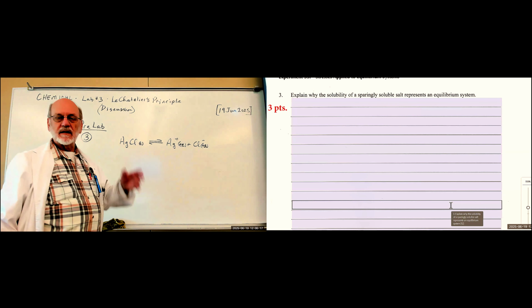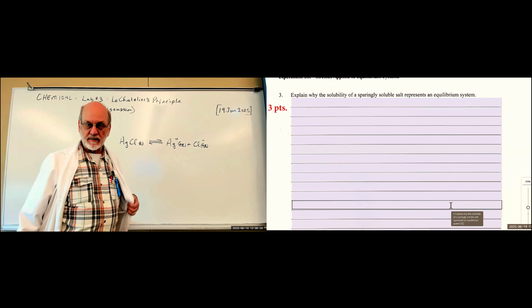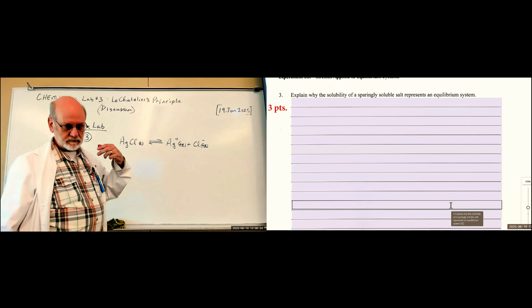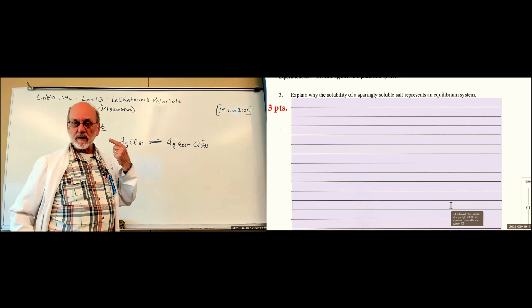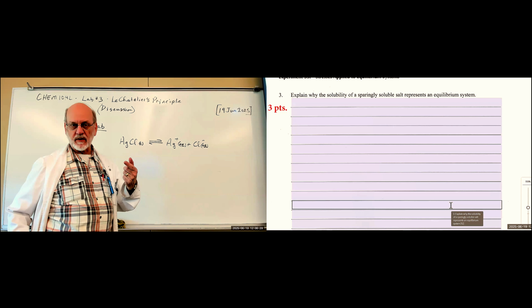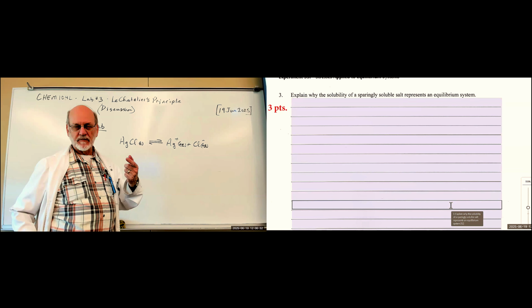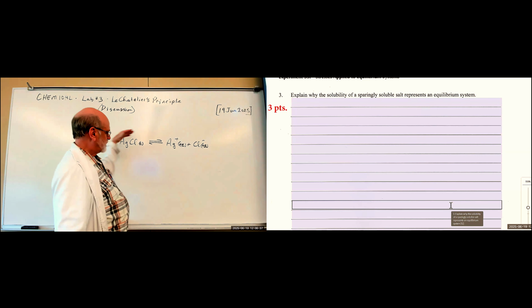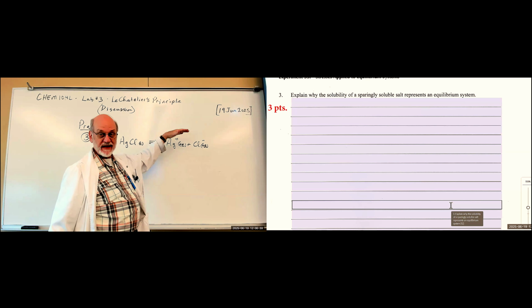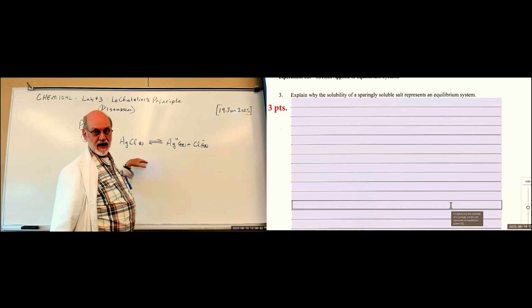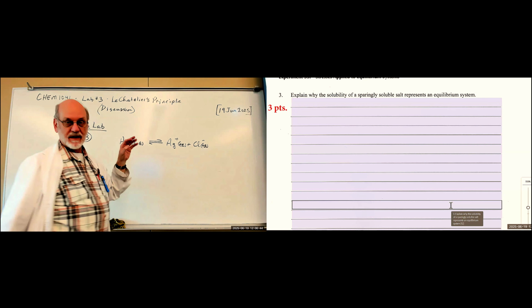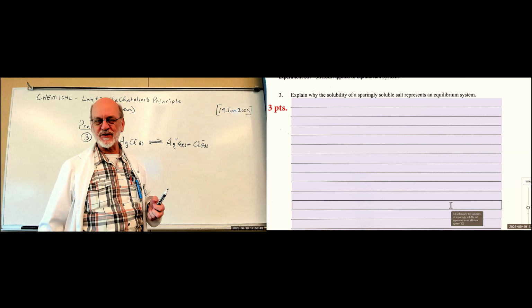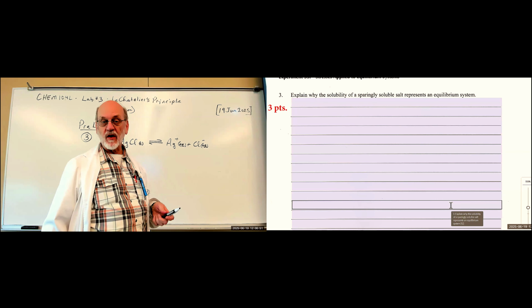How does that represent an equilibrium system? The solubility. Think back to what the requirements for equilibrium are. It's a balance of kinetics. The forward reaction rate is equal to the reverse reaction rate. That explains it all. Just because I've got 20 lines there for you to fill out, you don't have to put answers in all of them.